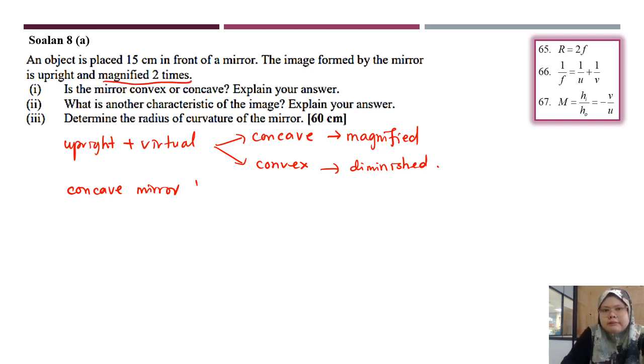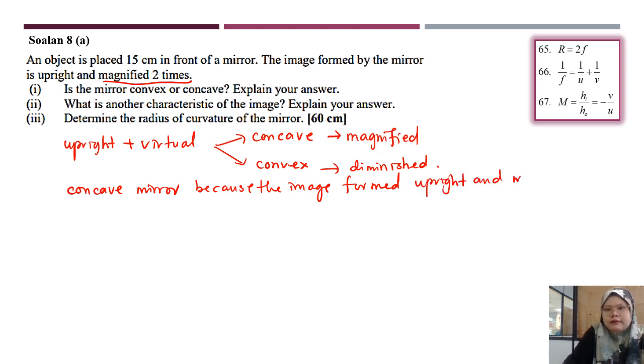You nyatakanlah kat sini because the image form upright and magnified. Macam tu. Kalau untuk convex, dia punya image yang form tu upright dan diminished.